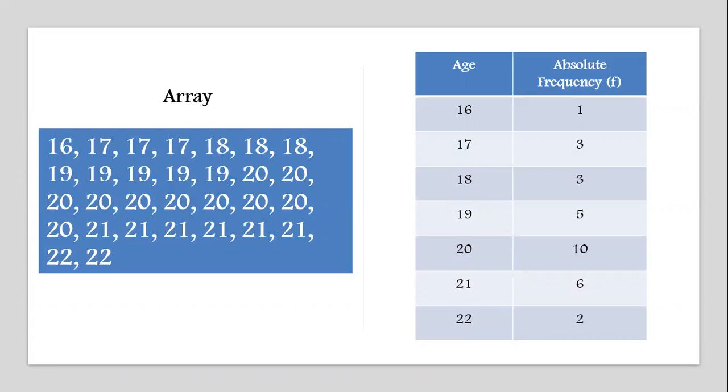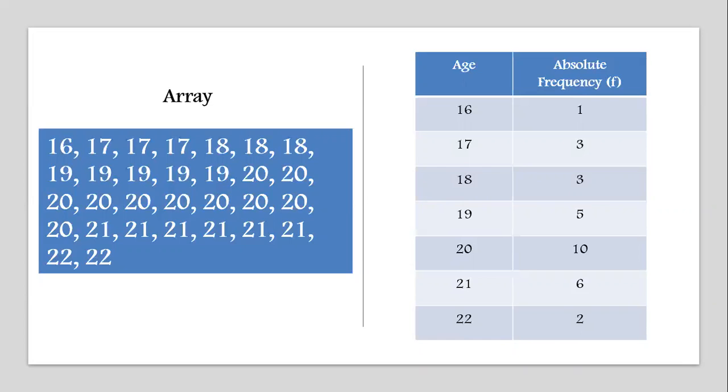In the left column, we have listed all of the ages within our data set, eliminating all duplicates. And next to each age, we have placed the frequency count to reflect the number of times that each age occurs in our data set.